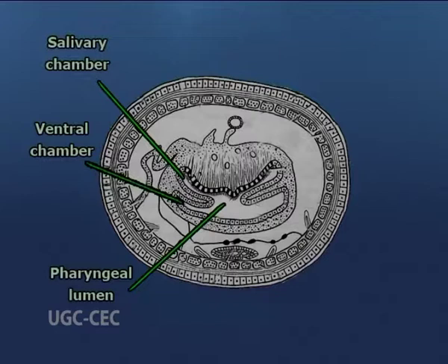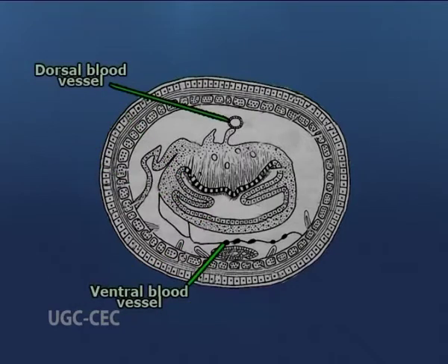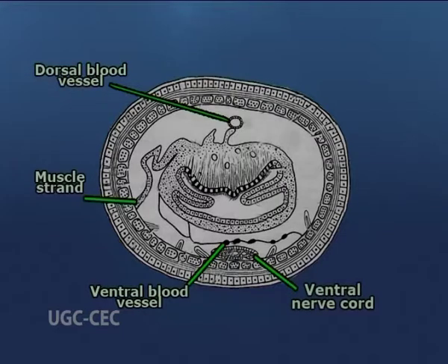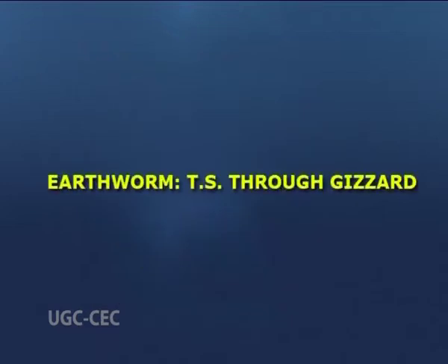Salivary chamber contains ciliated pharyngeal epithelial layers dorsally. Besides the above structures, section of dorsal blood vessel, ventral blood vessel, ventral nerve cord and muscle strands are also visible. Transverse section through gizzard in earthworm.